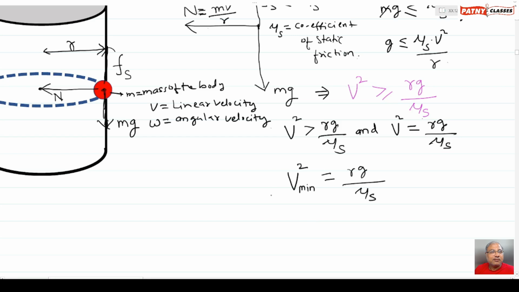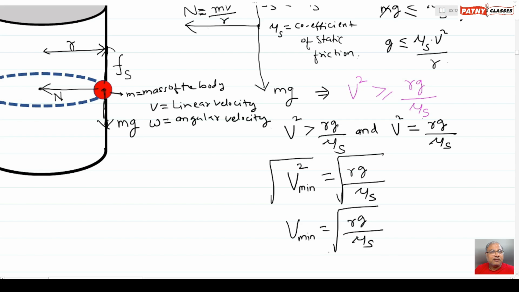Now taking square root on both sides, v minimum is equal to square root of rg upon mu s. This is the minimum velocity the body must maintain to perform the motion in the well of death without falling down, without an accident occurring.